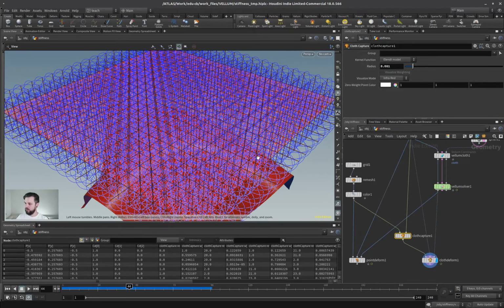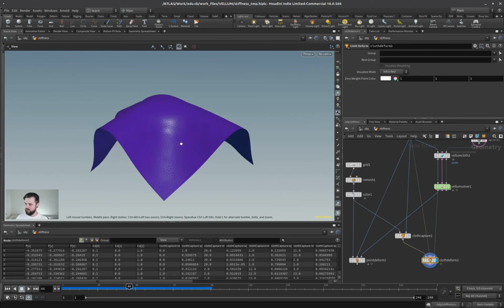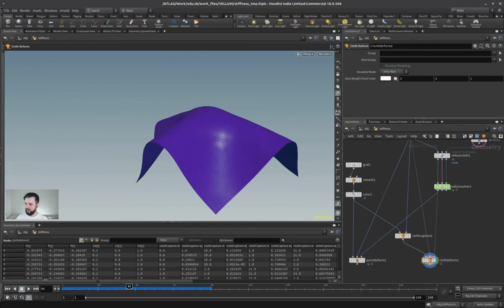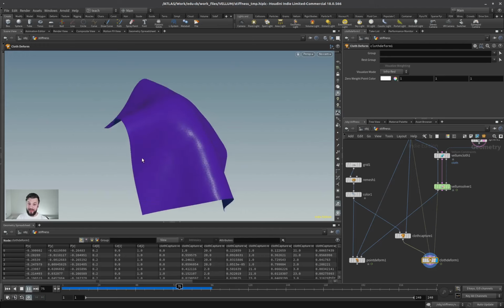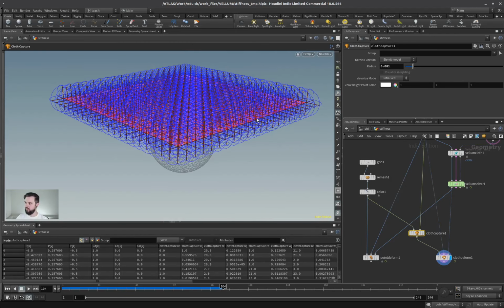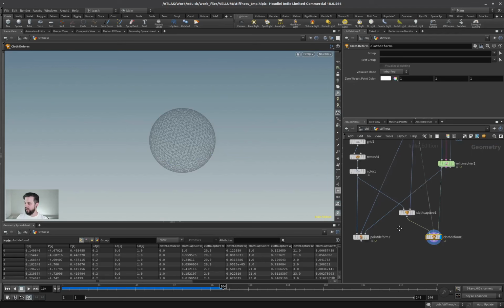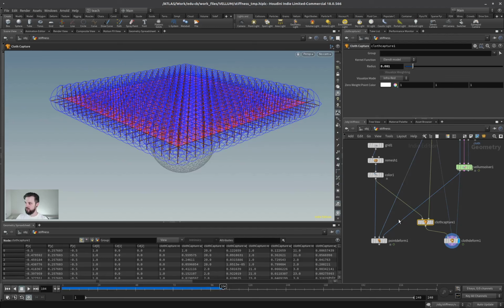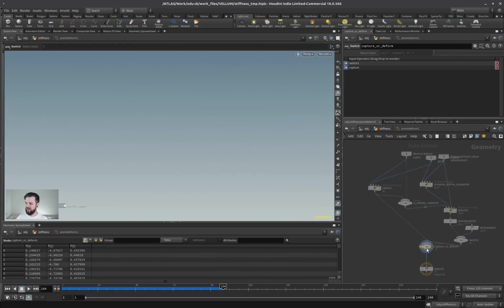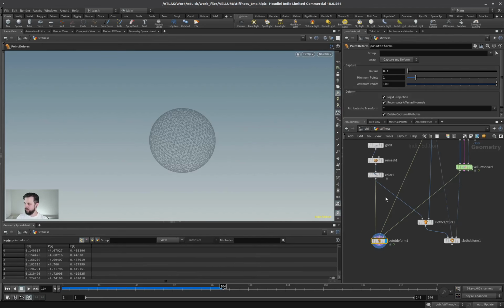And this then works pretty much the exact same way as a pointdeform, which you can see here. And to my knowledge, there is absolutely no difference between the two, other than visualizing the weights, basically. And the main idea here is that you have, with cloth, a bit more control over this. But the pointdeform is essentially the exact same thing, which you can also see by just playing around with the numbers.